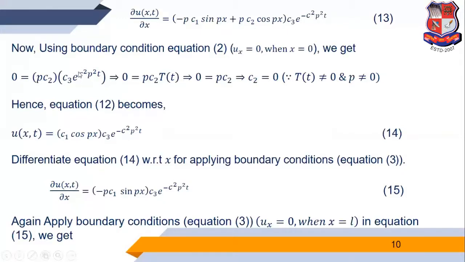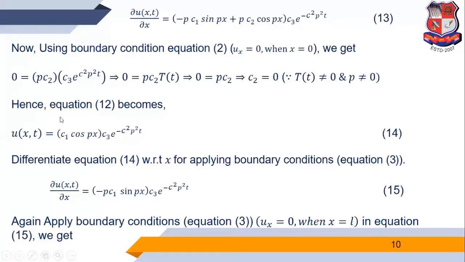Sorry, here e raised to minus c square p square t. So implies 0 is equal to pc2 into T of t, and implies c2 is equal to 0 because T of t not equal to 0 and p not equal to 0.